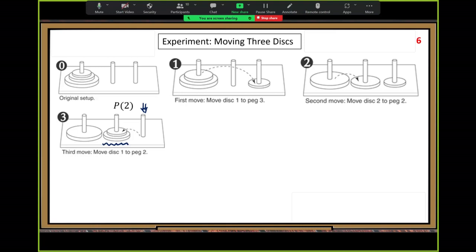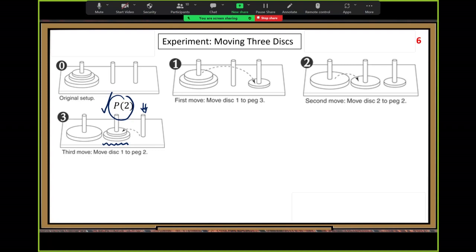So you can treat what we did in this way. We apply the solution P of 2 first, to move the top 2 disks from the first peg to the second peg.